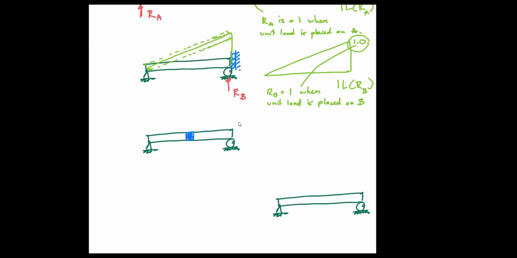Let's say we consider the positive shear, right? We're going to allow the positive shear to move freely. So it's moving up on the left and moving down on the right.